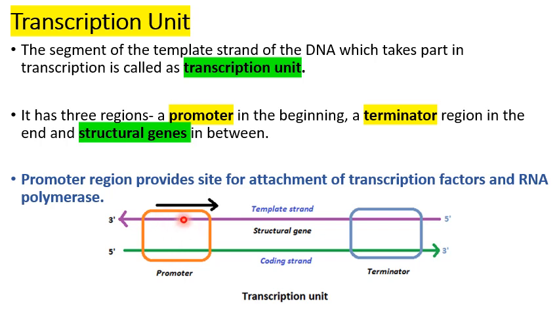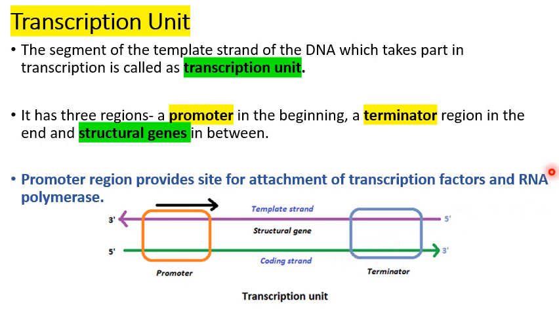RNA polymerase binds here, starts unwinding, and starts RNA synthesis, making a copy of the RNA where this strand acts as a template strand. When RNA polymerase reaches the end here, there are certain sequences which put an end to the RNA transcription. So RNA polymerase detaches here and transcription stops.